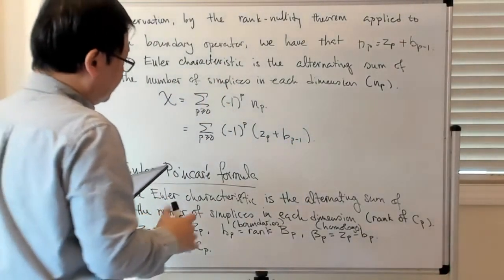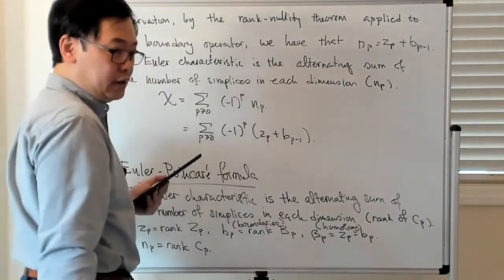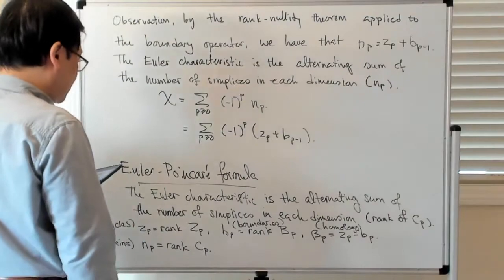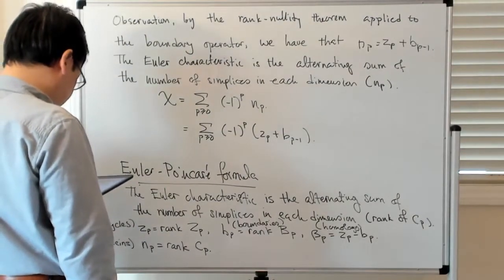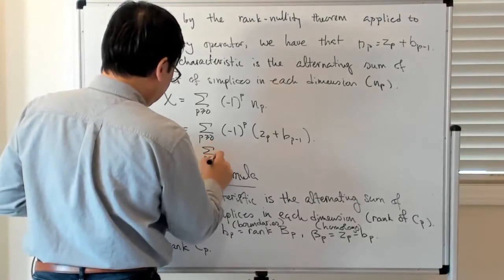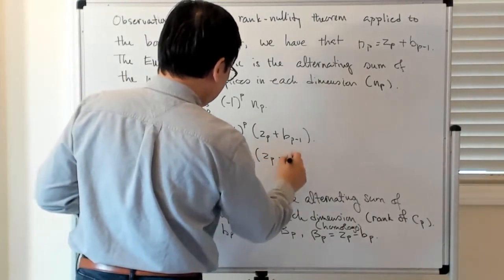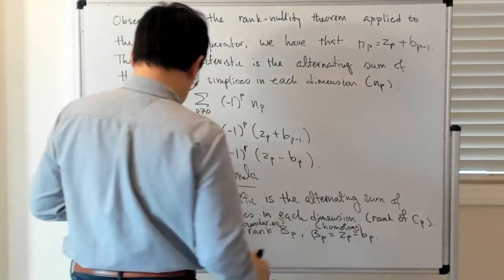And then what I'm going to do is reindex the sum, involving the B(p minus 1)s. So this is going to be the sum from p greater than or equal to 0 of (-1)^p of ZP minus BP.